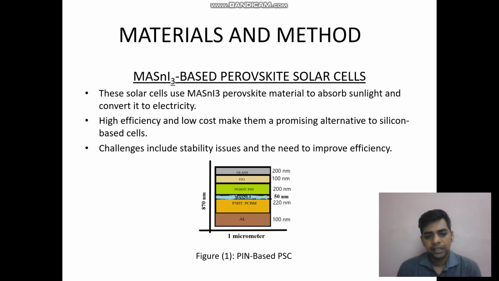MASnI3 is one of the most prominent materials which absorbs sunlight and converts it into electricity. It has high efficiency and low cost, which makes it a promising alternative to silicon-based solar cells. This solar cell has some challenges and issues which need to be improved later on. The issue basically deals with the stability of the structure.